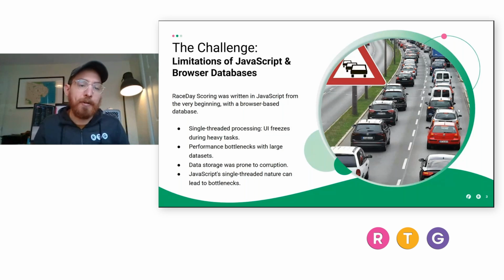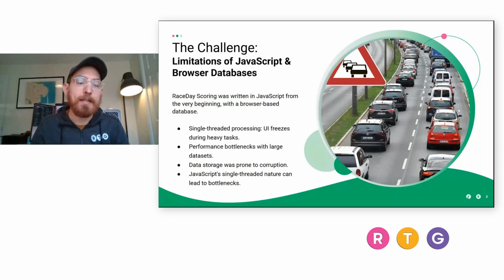This usually works fine for most applications, but when you have a large data set and a lot of complicated calculations like scoring software, it can cause issues where the user interface would actually seem like it's locked up or frozen, because it's one of the cars in the back waiting for one of the cars in the front to finish. So it's behind an 18-wheeler trying to do all your scoring calculations. That's a limitation because JavaScript is single-threaded.